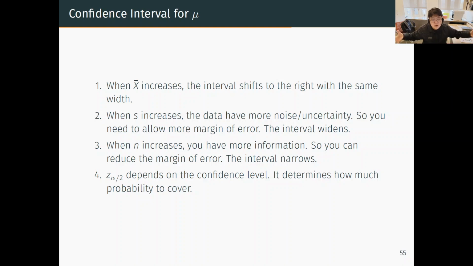So you have to have a wider, larger interval. So a smaller error probability implies a larger z. So your margin of error will increase, and your confidence interval will be larger.